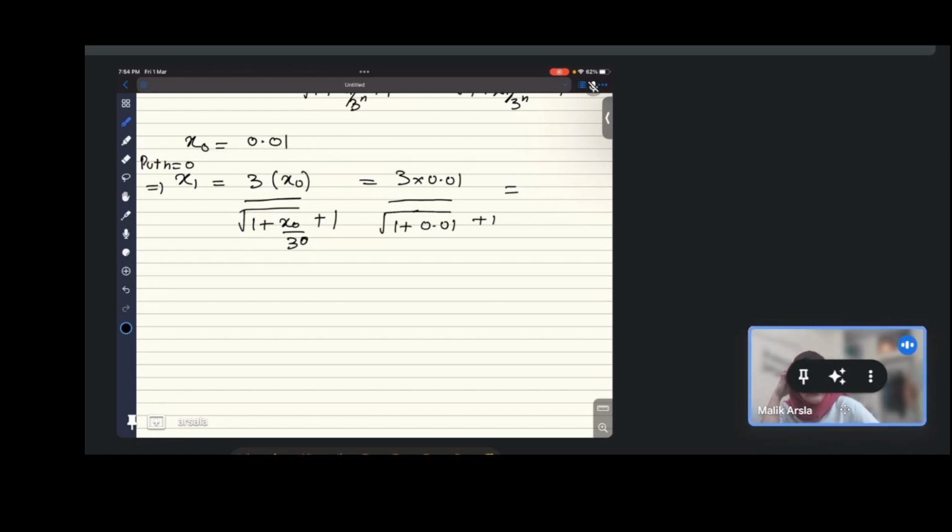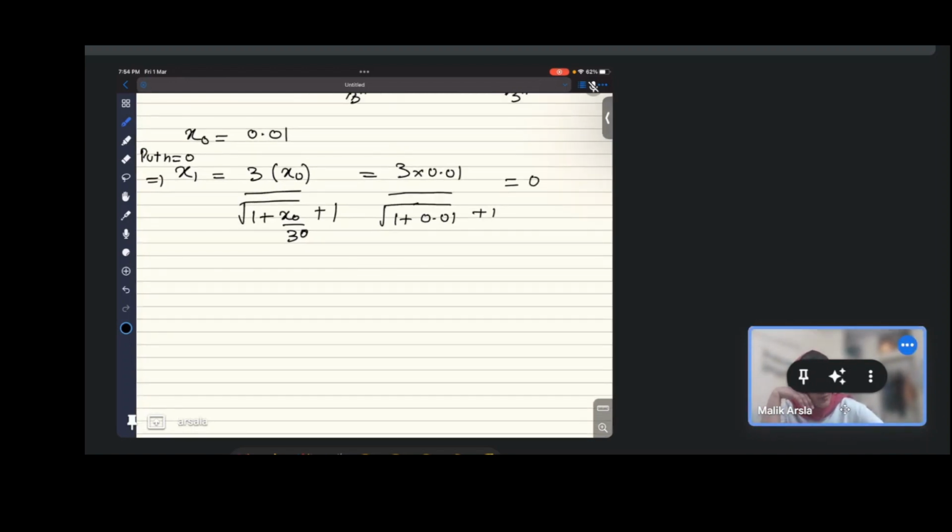What is the value of x1? It is coming out to be 0.014963.